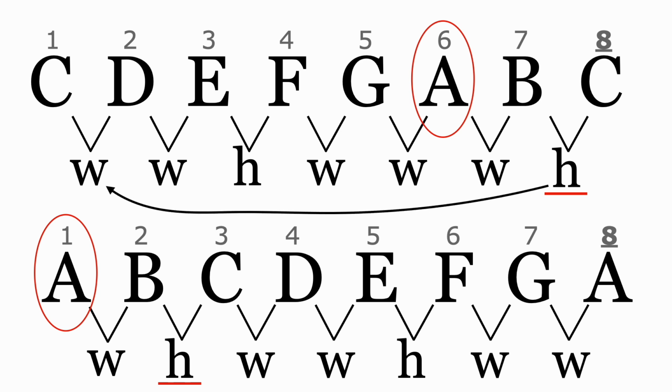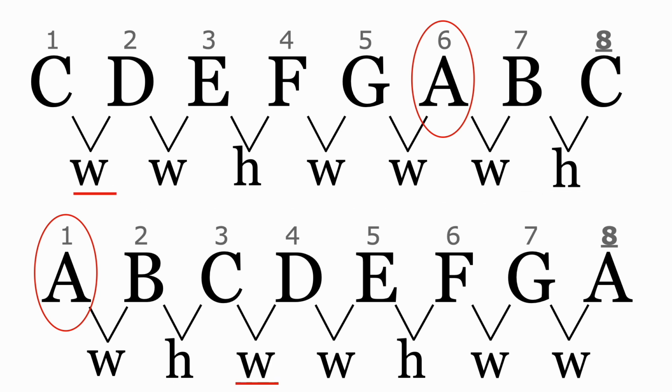We come back to our first note in the scale, which is a whole step, followed by another whole step. From there, we move into a half step, and that again is followed by 2 whole steps, and we wind up right back where we started.